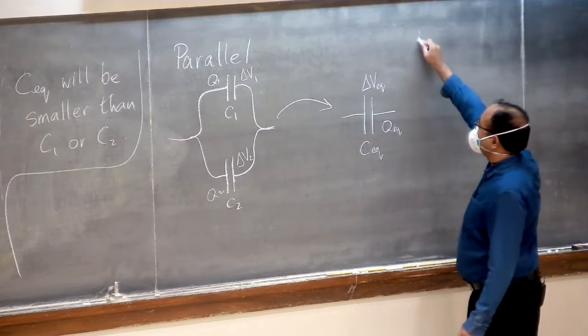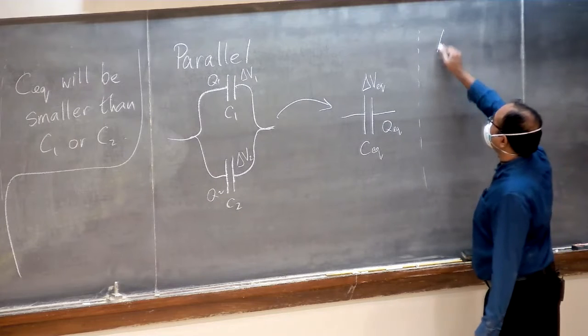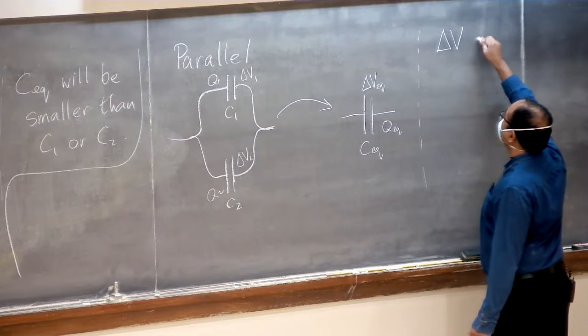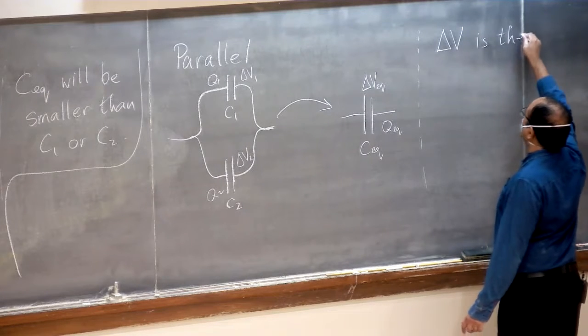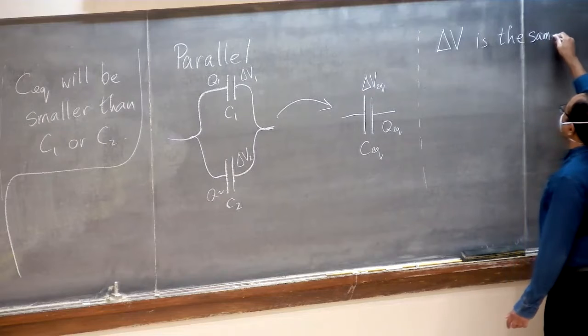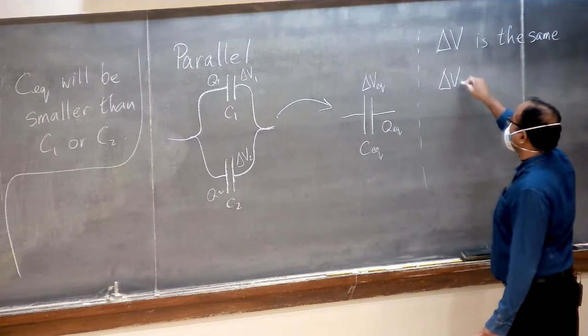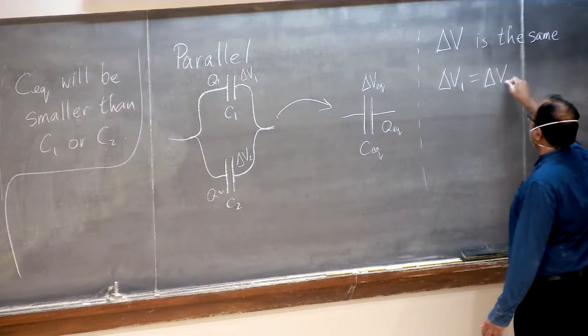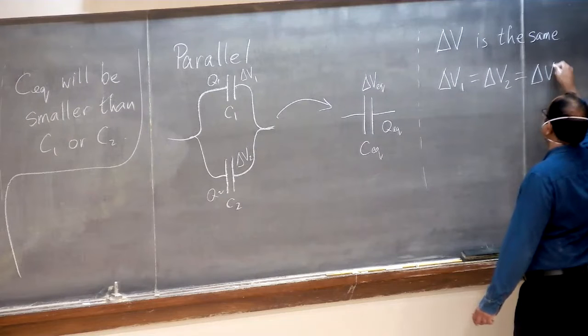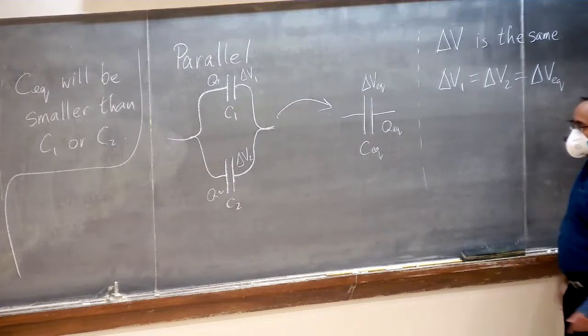So now the thing that they have in common is that delta V is the same. So we have delta V1 equals delta V2 equals delta V equivalent.